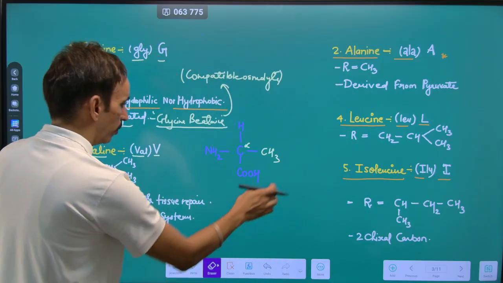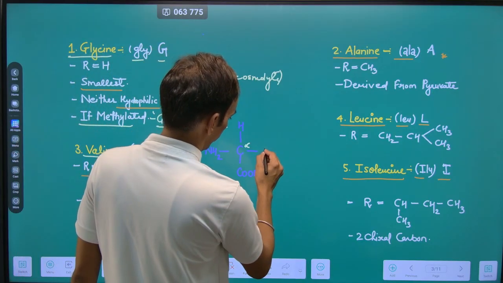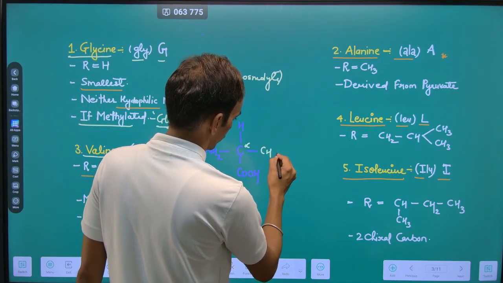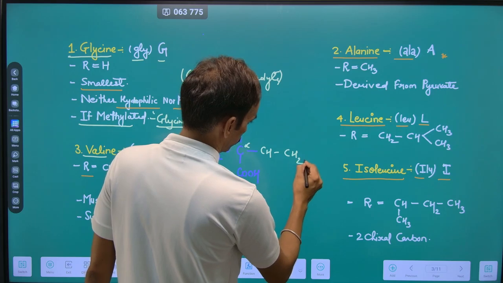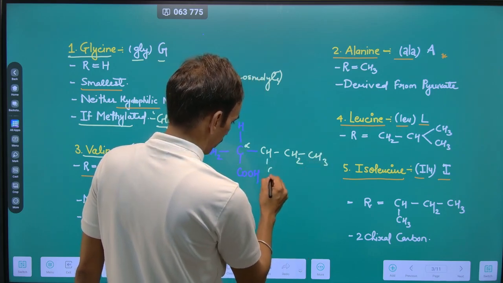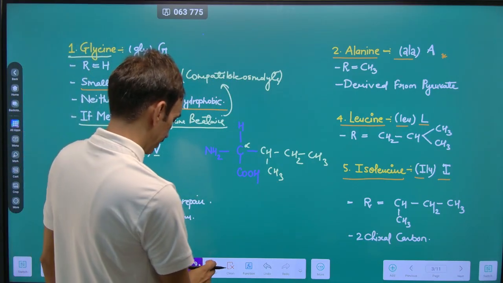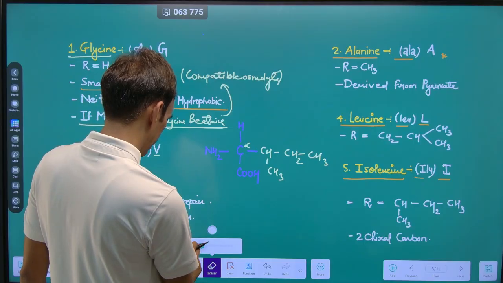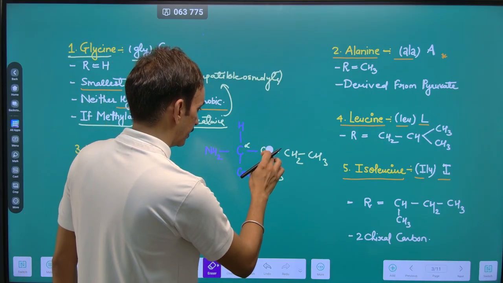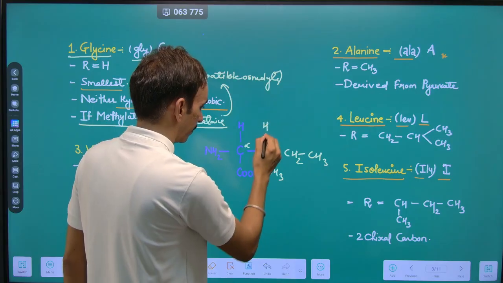If you put the value of R in this framework structure, then it will become CH, CH2, CH3, and we also have this CH3. We can also write it like this. Okay.